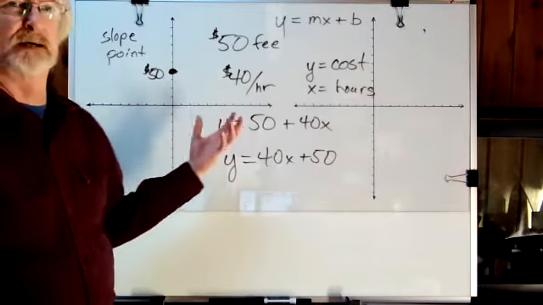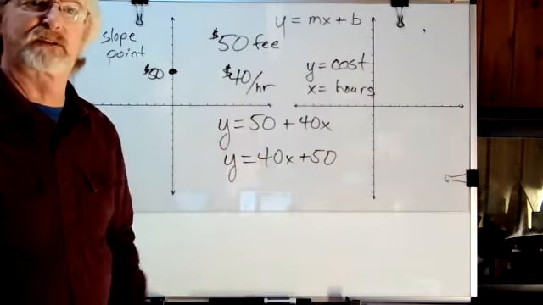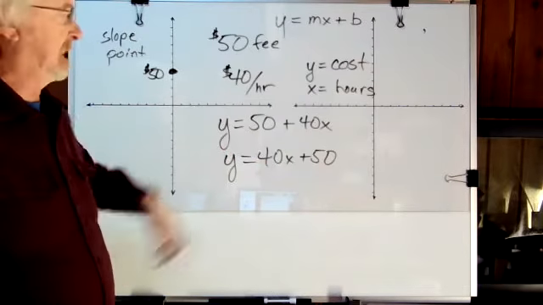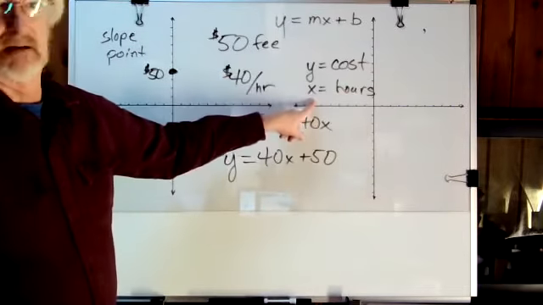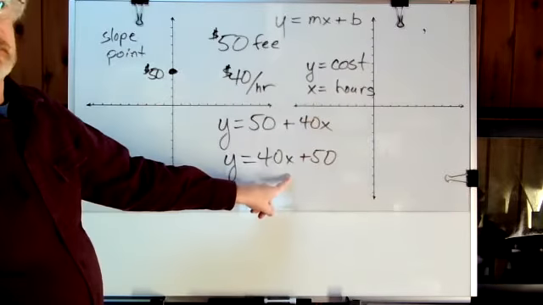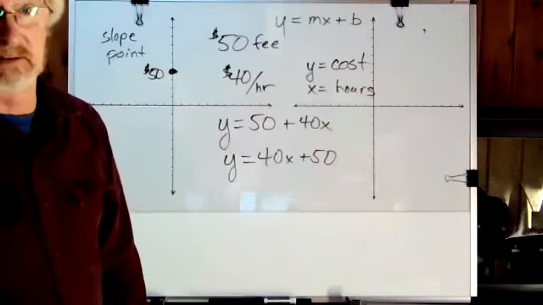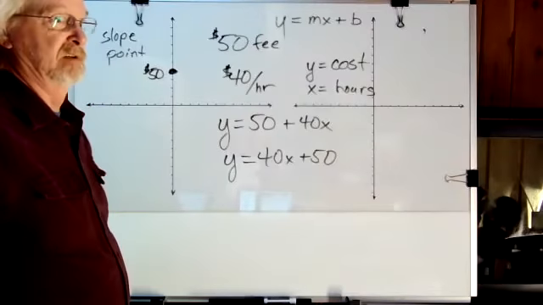Now, if it actually is a word problem, they might go on and say, if he works for 3 hours, what's it going to cost? 3 hours. 3 times 40 is 120 plus 50, $170. Don't forget your units on final answers.